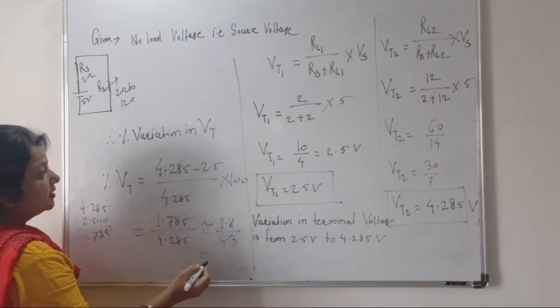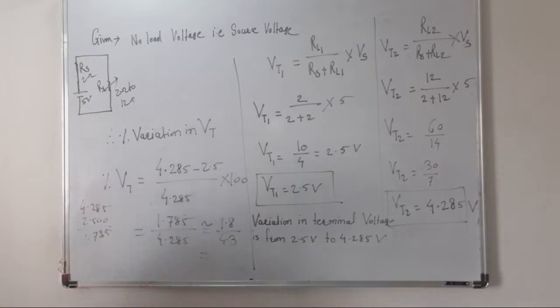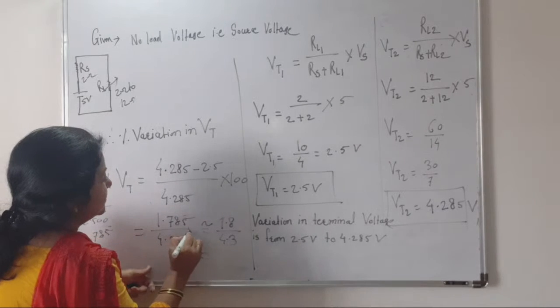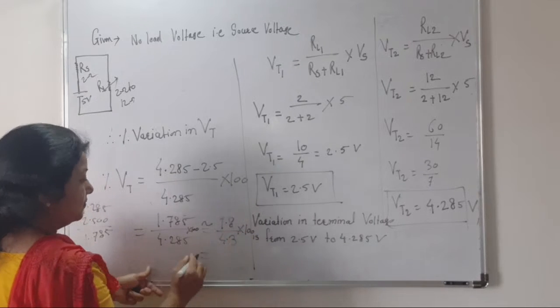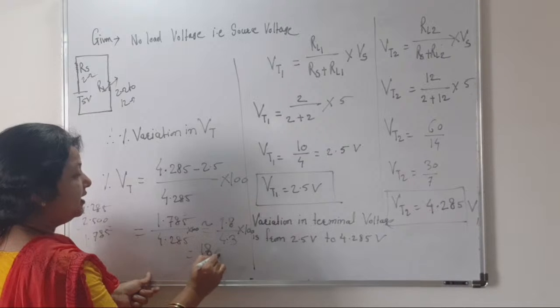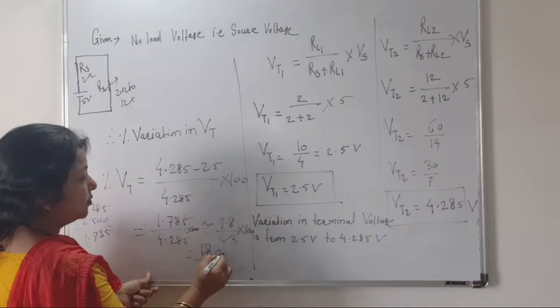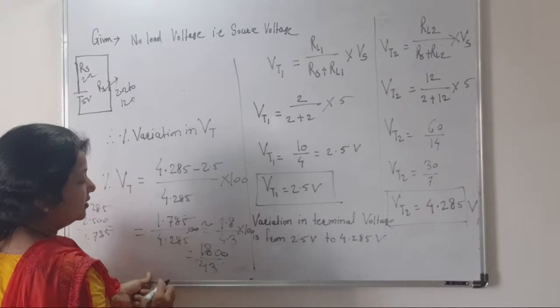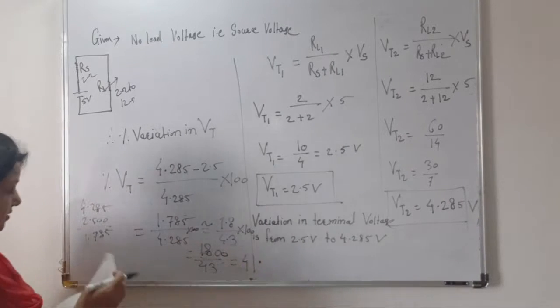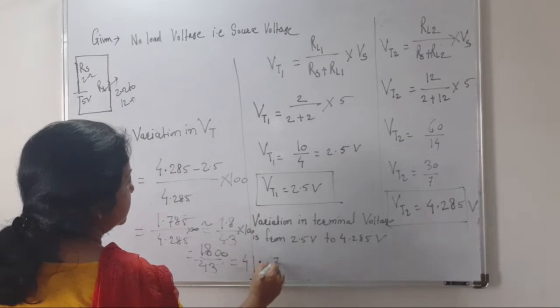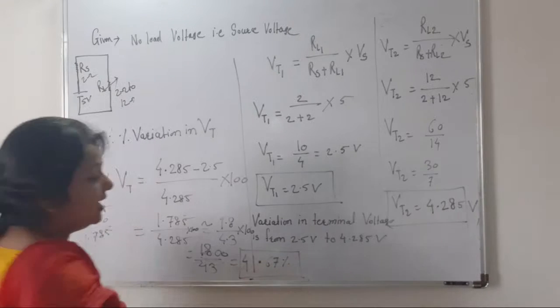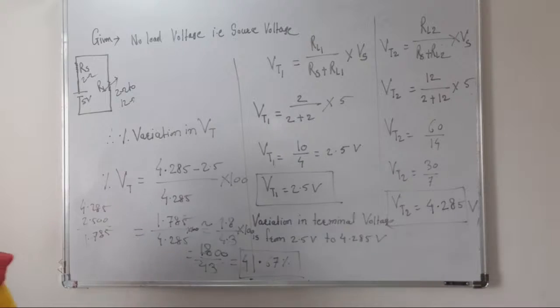So how much percent? Multiply by 100. 100 times 18 upon 43 is equal to 41.67%. The percentage variation in terminal voltage is 41.67%.